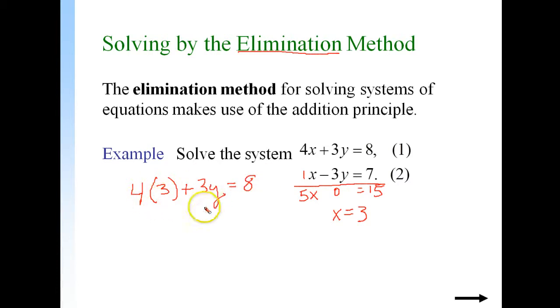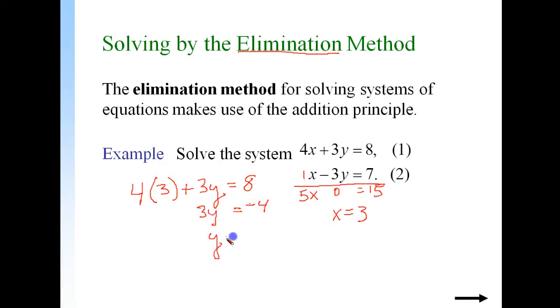This is going to be a 12. So this transposes to the other side as a negative 12. A negative 12 leaves this as a negative 4. And 3y equals a negative 4.